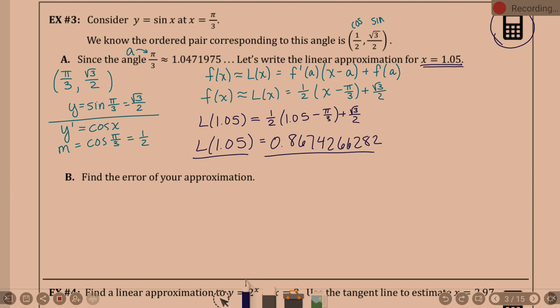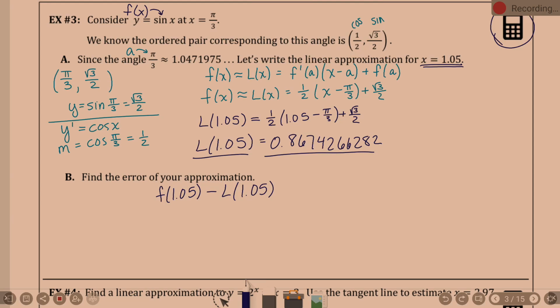So with that in mind, the exact would be, what was our original function? Our original function is sine of x here. Okay, so it gets a little confusing, but we're going to think of that as f of x. So we're doing the exact, so f of 1.05 minus our linear approximation of L of 1.05.